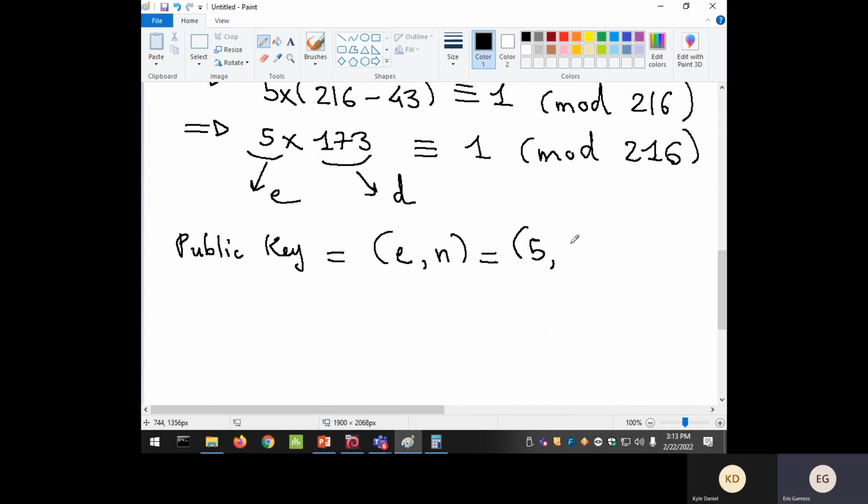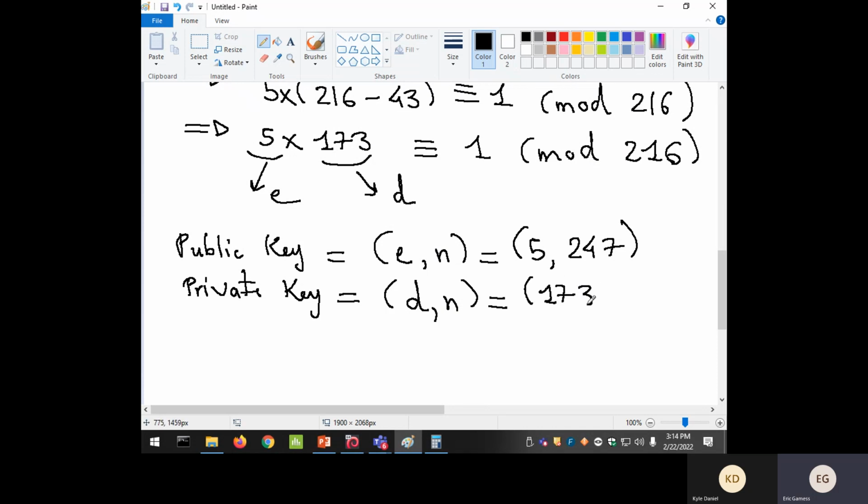So 5, 247. What is the private key? It will be the private exponent. We find it as the multiplicative inverse of 5 modulus 216, and the modulus. So it will be 173 and 247.